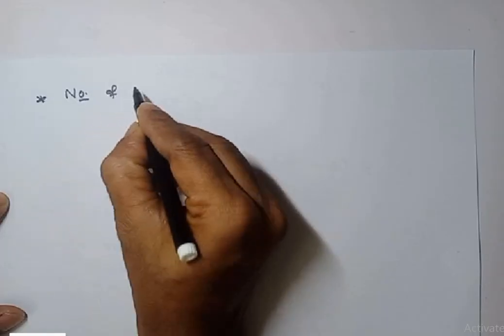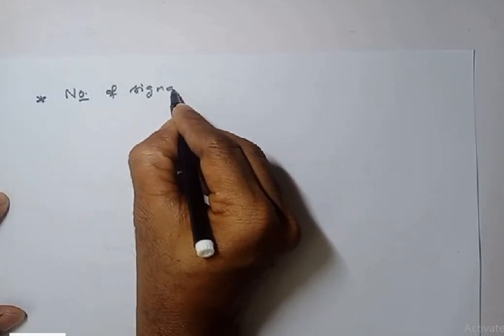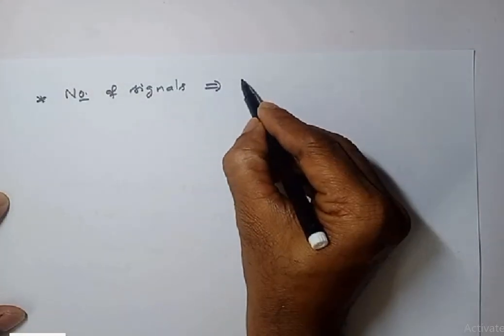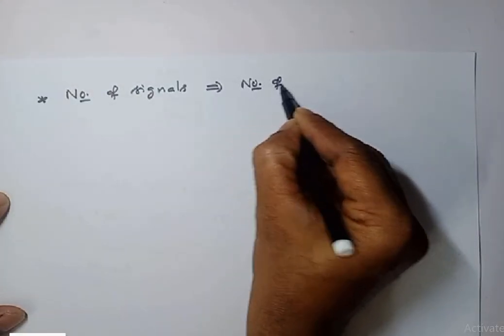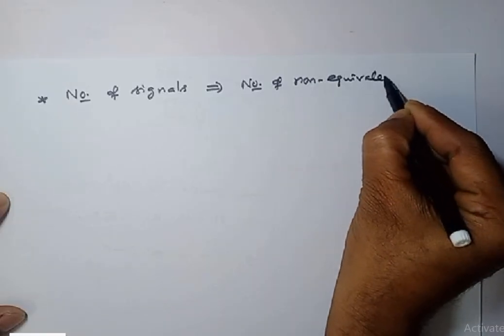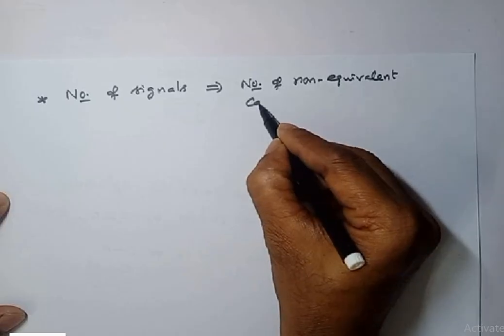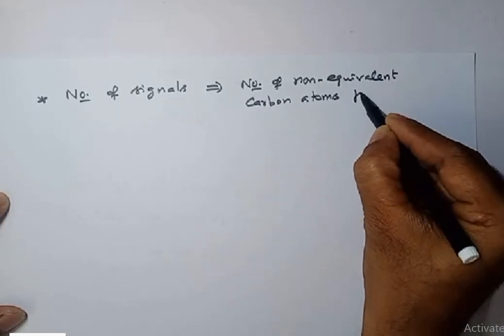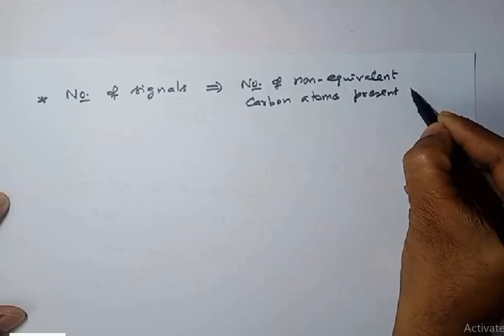Okay, so number of signals. How many signals do we get? The number of signals is equal to the number of non-equivalent carbon atoms present in the molecule.